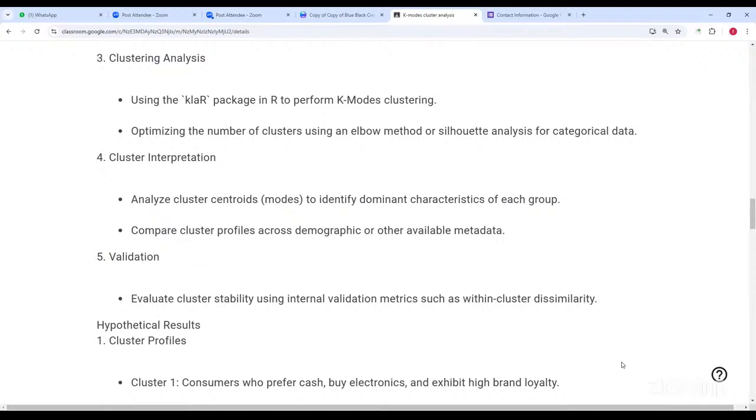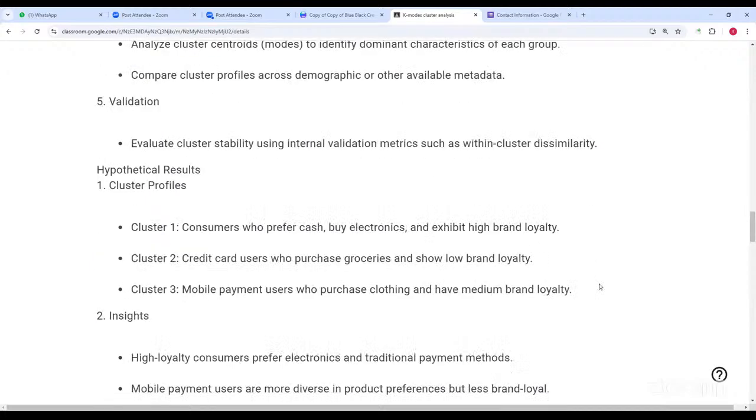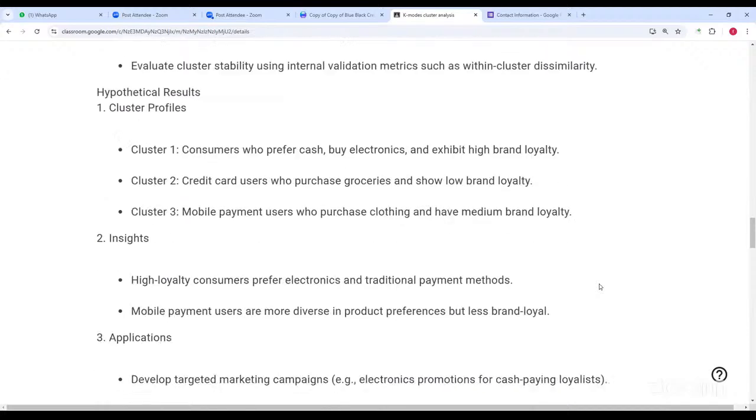Next, validation. Evaluate cluster stability using internal validation metrics such as within-cluster dissimilarity. Hypothetical results, cluster profiles. Cluster 1: consumers who prefer cash, buy electronics, and exhibit high brand loyalty.